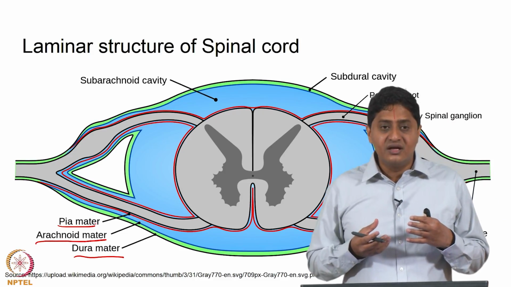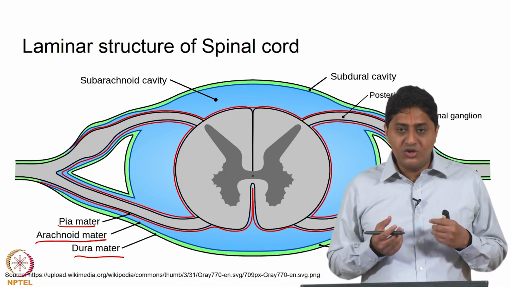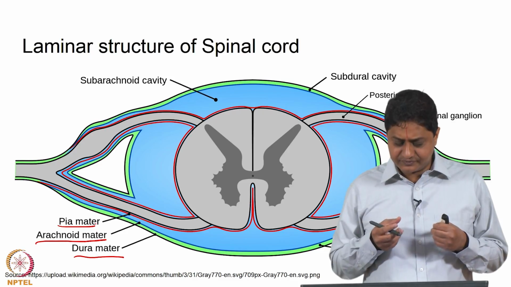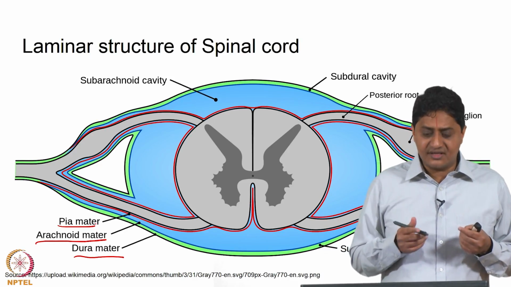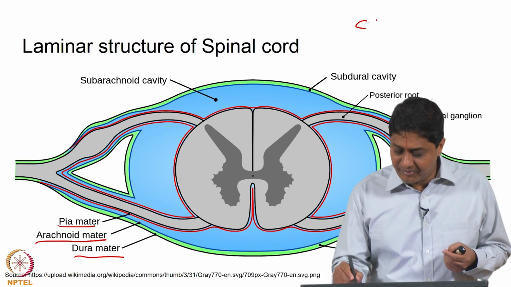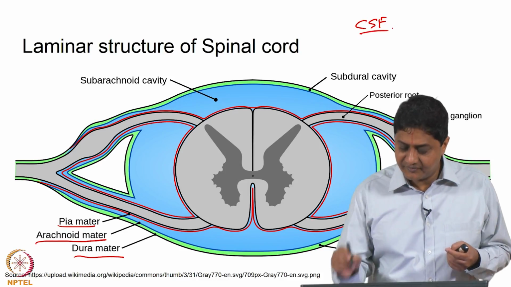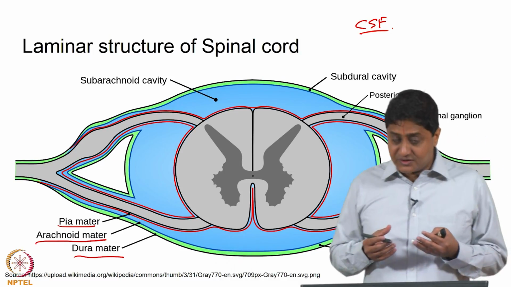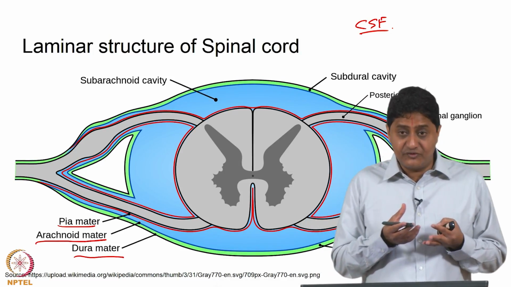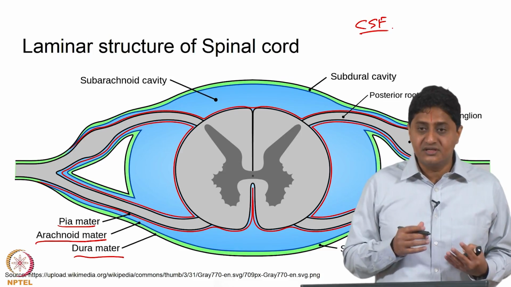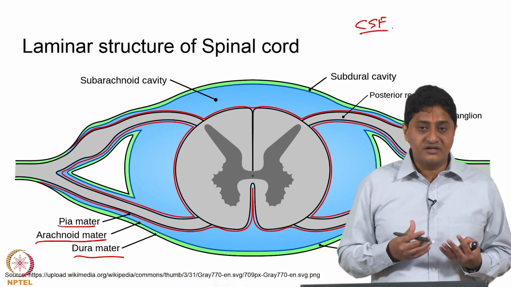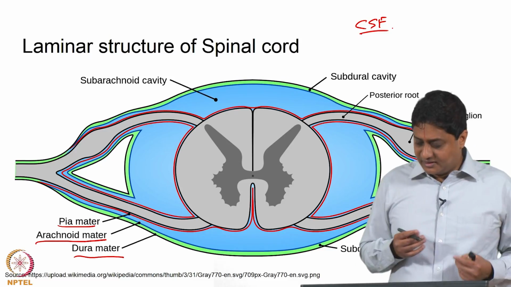There is the fluid in which these neurons are suspended, right. This fluid is called the cerebrospinal fluid, CSF. It is not that the cerebrospinal fluid is protecting only the brain, it also covers the spinal cord as well, right.